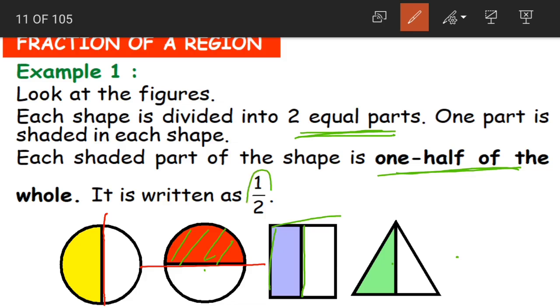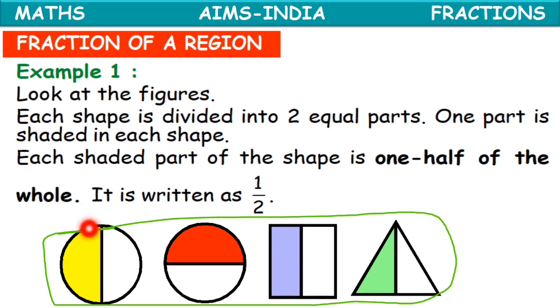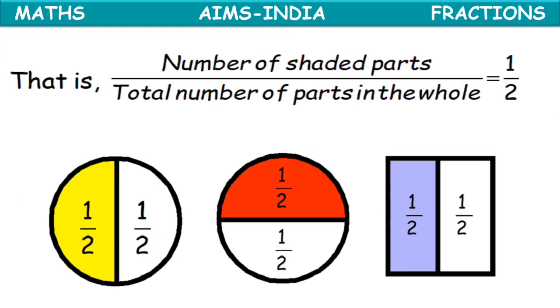And how will we write it? 1 by 2. 1 is this part and 2 is the total number of parts in the object. So 1 divided by 2 is the fraction to represent the shaded part of all these diagrams, that is, the number of shaded parts divided by the total number of parts in the whole.